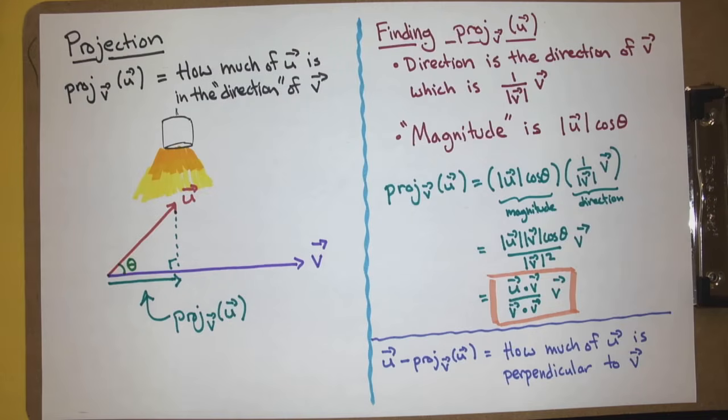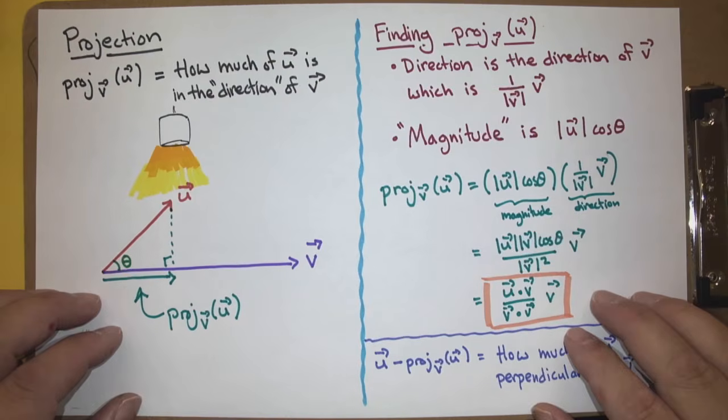Well, if I'm trying to find a vector, there's two things I have to figure out. What's the direction of the vector? How long is the vector, the magnitude? If I can answer those two questions, I win. I have the vector I'm after. So, that's what we're going to do. We're going to find our vector in this way.